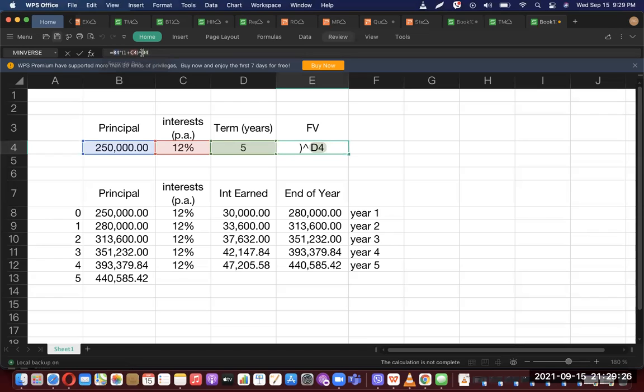Why negative? Because instead of forward, it goes backward. So, since we forwarded it for 5 years, we will have to do a backward approach for 5 years. So this is the 440,000, and you'll raise it to, again, 1 plus I.